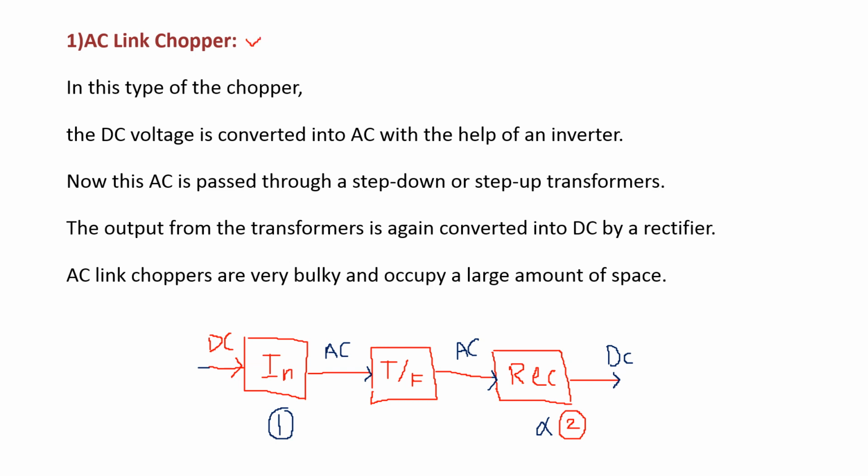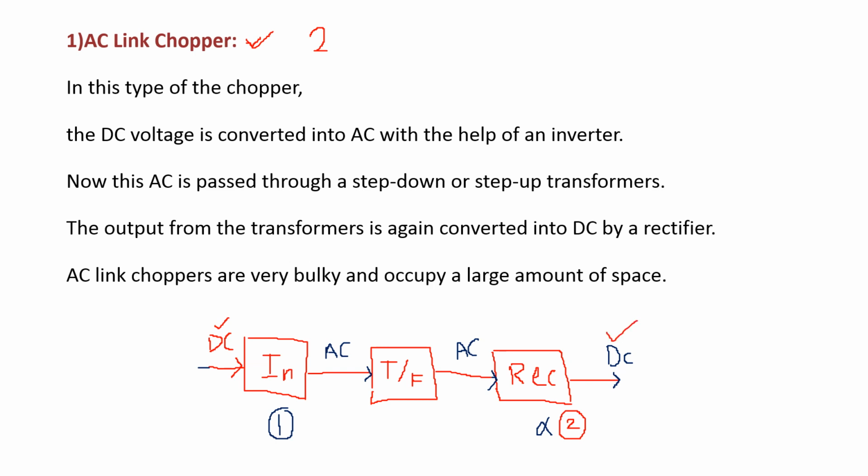The first one is the AC link chopper, also known as the two-stage chopper. Why? Because in this chopper, while converting the fixed DC voltage to variable DC voltage, we use two stages.